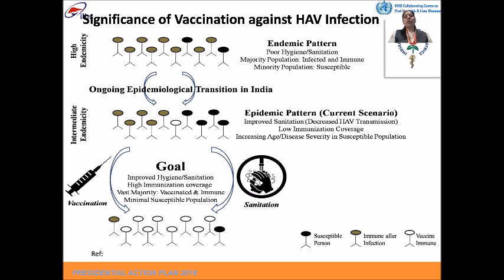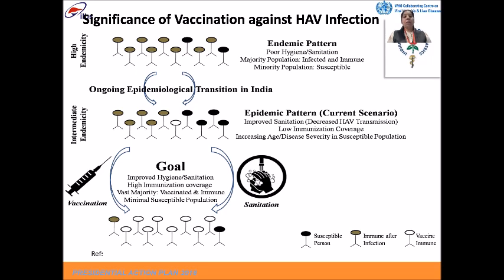And in the present scenario, there is an ongoing epidemiological transition in India. Due to improved sanitation, decreased HAV transmission or low immunization coverage, or because they may be from the middle or upper class, there may be minimal exposure to the virus, and even here vaccination is necessary.